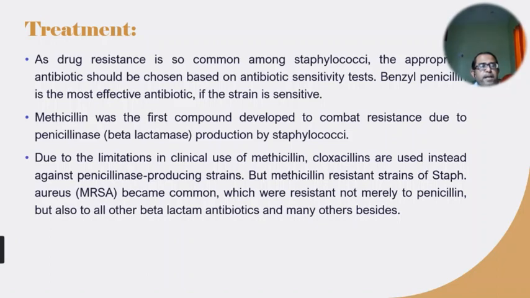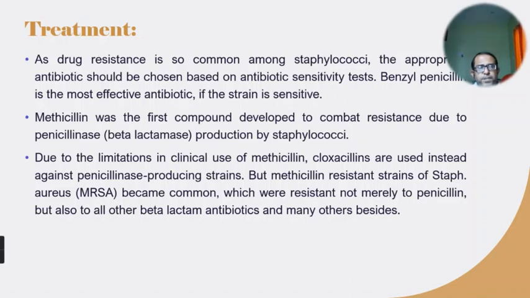So in such cases we have to use other kinds of antibiotics. Methicillin was the first compound developed to combat resistance due to penicillinase production by Staphylococcus. This is another kind of antibiotic which is used in those patients where the Staphylococcus is resistant to the antibiotic penicillin. Okay.